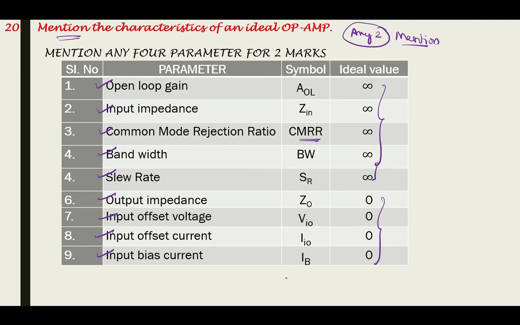Even the symbols I have given; usually these are the symbols we use: CMRR, bandwidth, input impedance is Zin, open loop gain (O stands for open, L for loop, A for gain), slew rate SR, like this the symbols are denoted. Any 2 is enough, or at most any 3, since it is a 2 mark question.